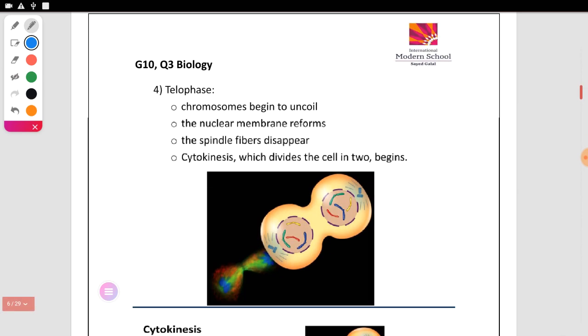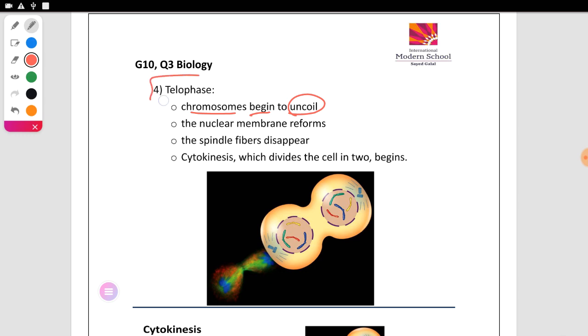The telophase, which is the last phase in the mitosis division, here the chromosomes begin to uncoil because we want the cell to be as it was in the beginning, in the form of the interphase.